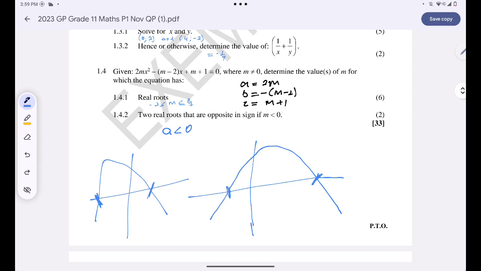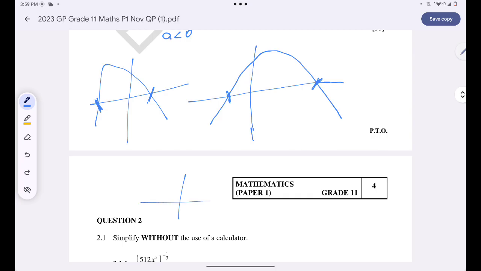Are you together? But now check. Let's say your y-intercept is below the x-axis. You'll have two solutions of the same sign. You can see that even if the turning point is on the left hand side, as long as the y-intercept is below the x-axis, you'll have two solutions of the same sign.